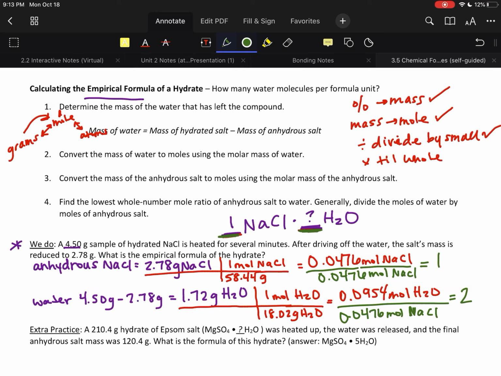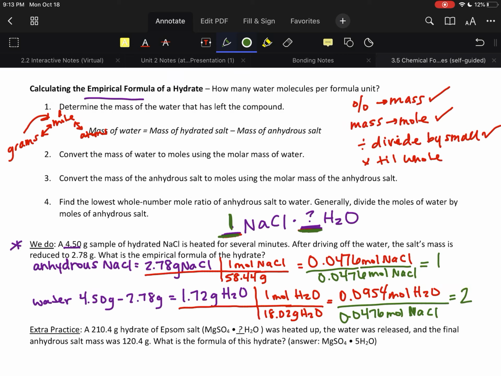Okay, it's really close. I think it's exactly like 2.004. Remember, we want to round to a whole number. When we think about normal empirical formulas, these would normally be our subscripts. But when we're talking about a hydrate, these numbers now become our coefficients, or the number right in front.